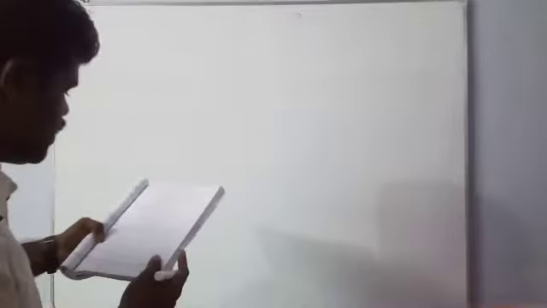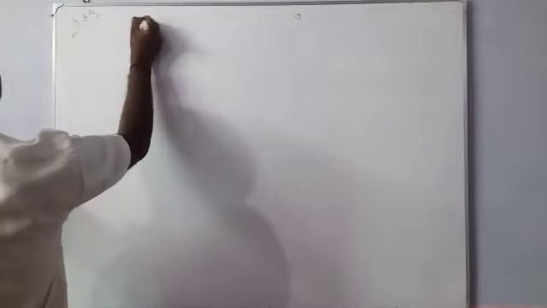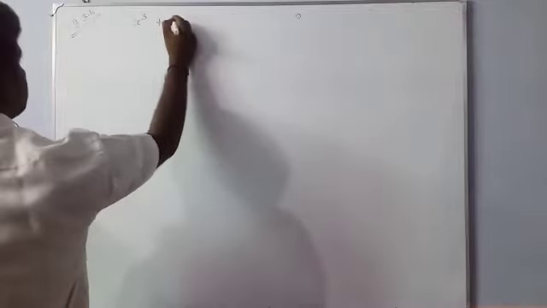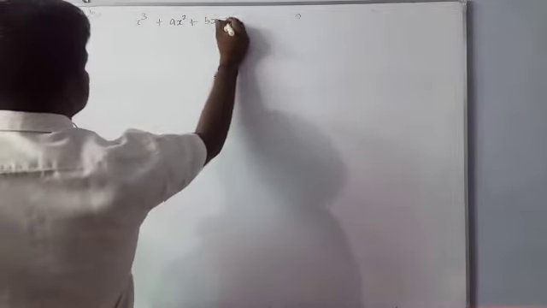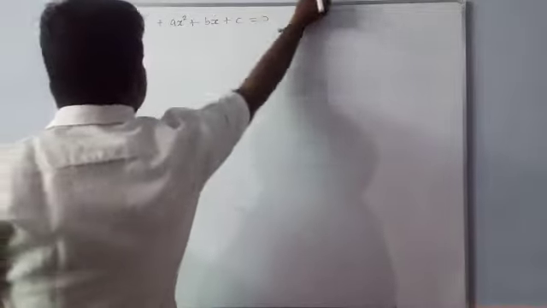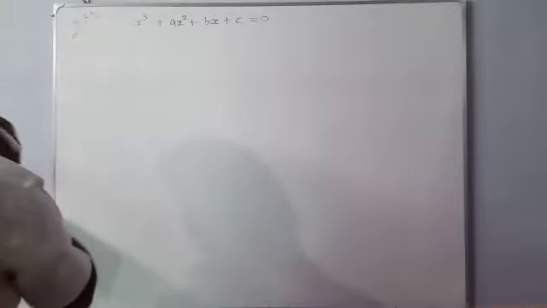Example 3.6: Form the equation whose roots are the squares of the roots of the cubic equation x cube plus a x square plus b x plus c equal to 0.